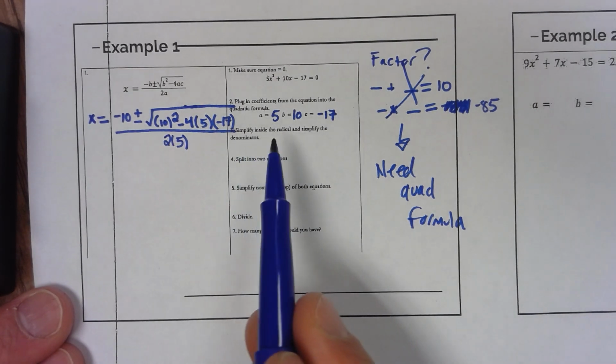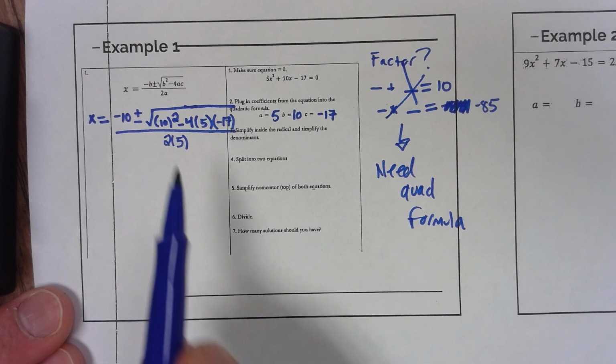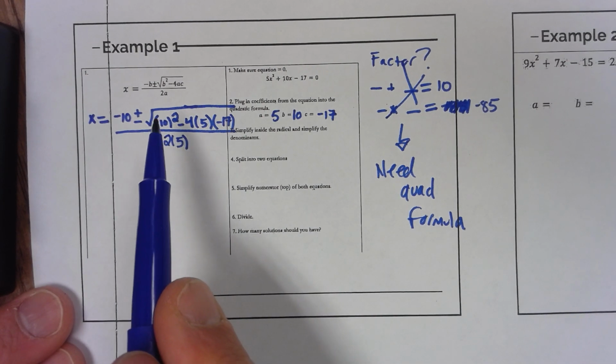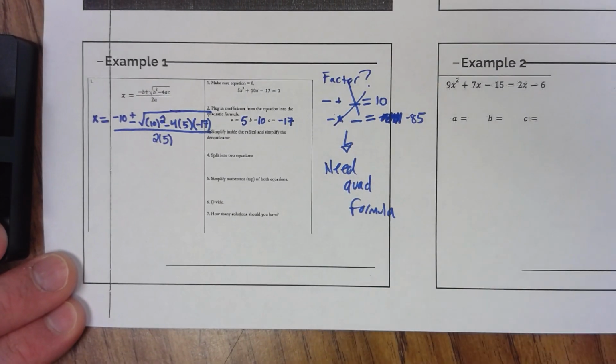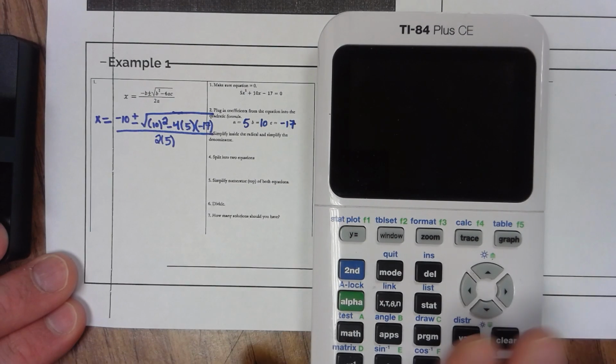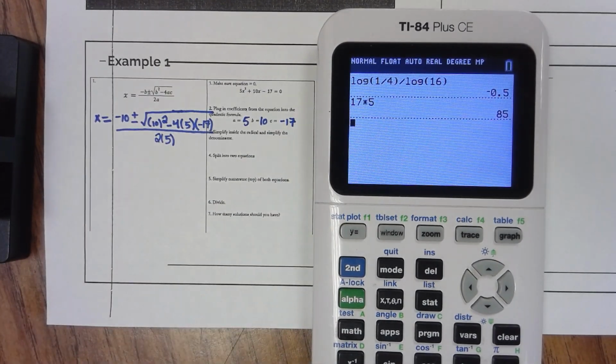All right, now our task is to simplify inside the radical and then simplify the denominator. This is 10 squared and then minus 4 times 5 times negative 17. We can just let the calculator do all the work for us here. I'm going to type that in exactly as I see it. This is where parentheses really matter when we go straight to the calculator, especially when we start squaring values.